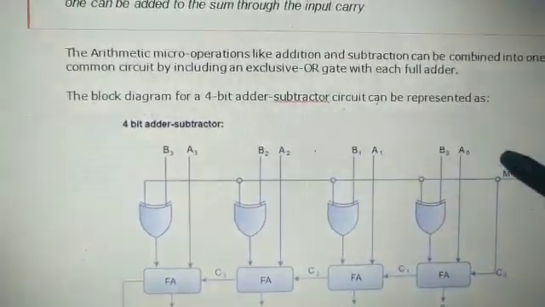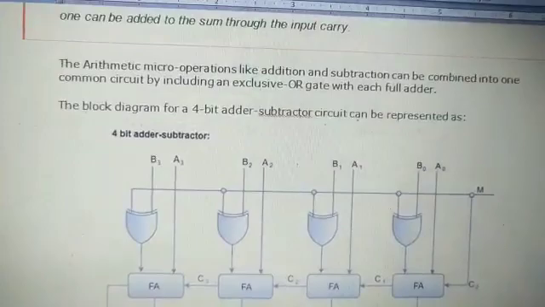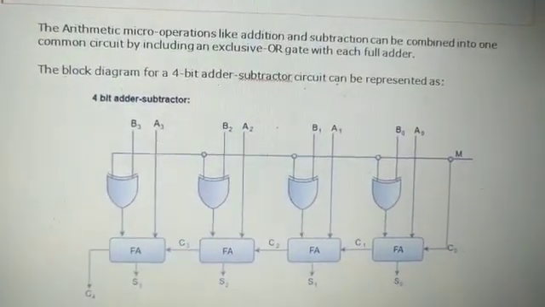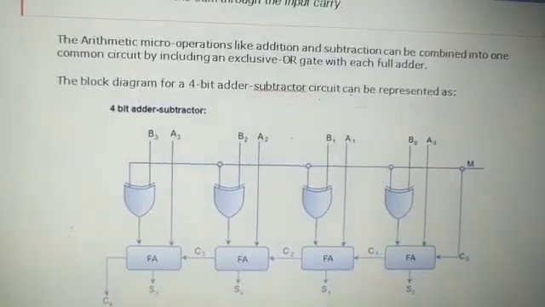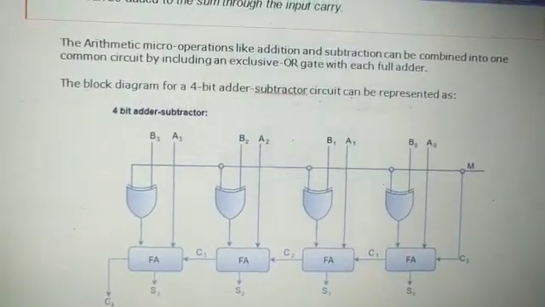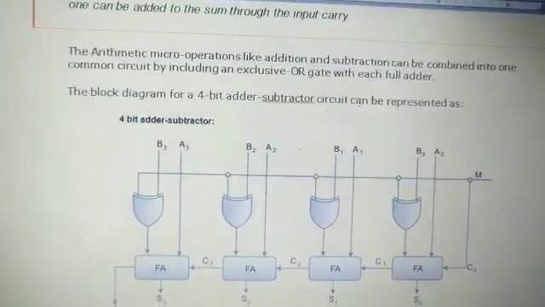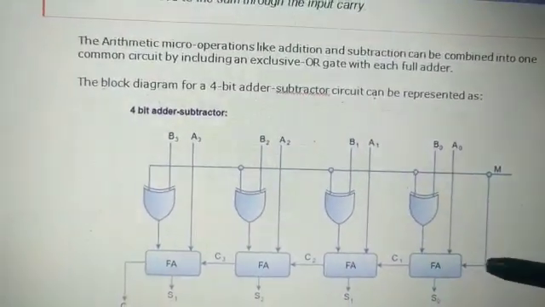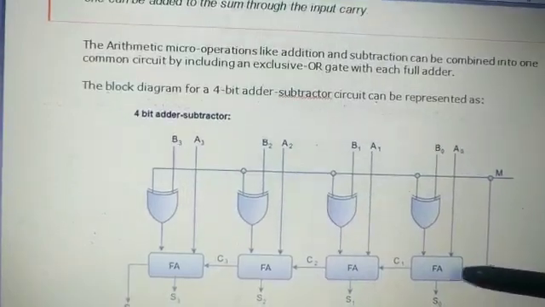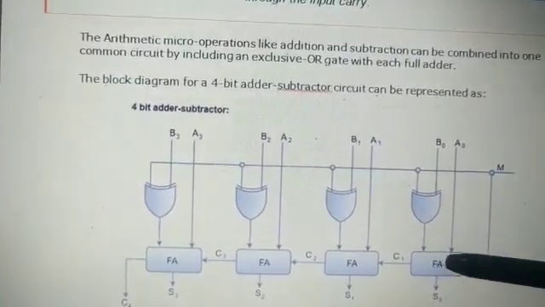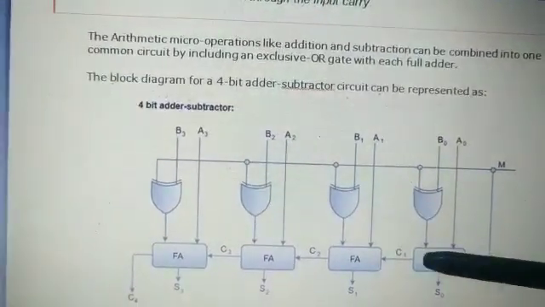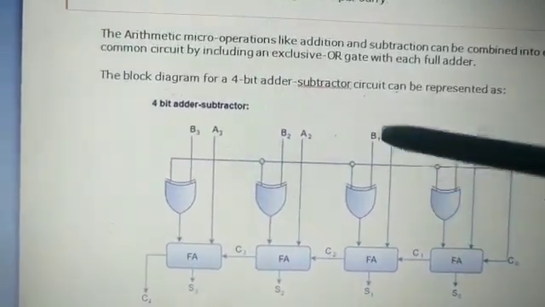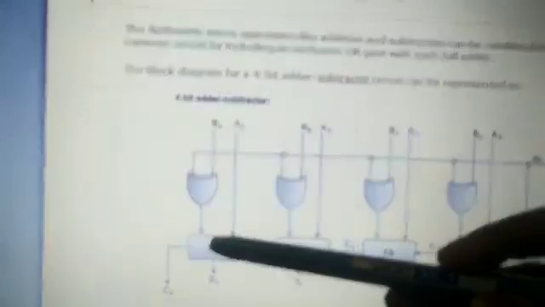Through this M control line, if you want to do subtraction, we have to pass 1. If the control signal gets 1 or high voltage, then through C0, the carry in of the first full adder, we are giving 1. Then what will happen? Ones complement plus 1, so we get the second complement of B0, B1, B2 and B3.